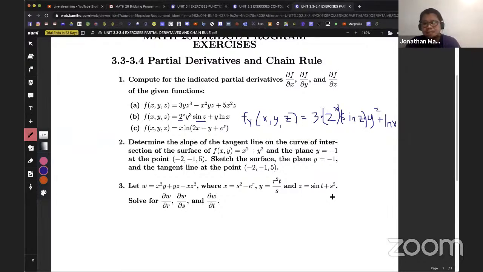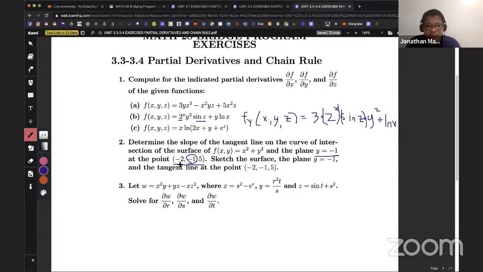Ang hinahanap natin dito ay slope of the tangent line at the intersection of the surface and the plane at this point, -2, -1, 5. So, take note, since y equals -1, ang corresponding y value naman natin ay -1. So, sure tayo na itong point na to ay nandun sa plane. Then, i-verify na lang natin if this point is on the paraboloid.